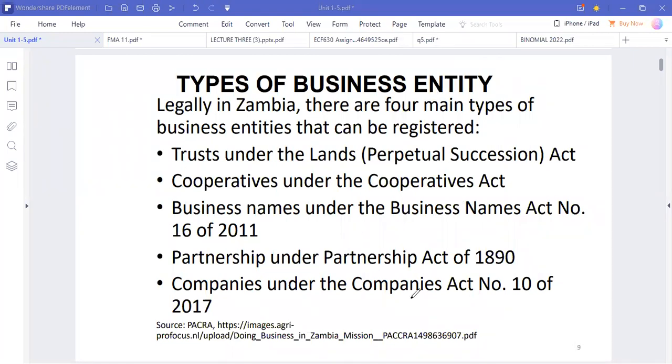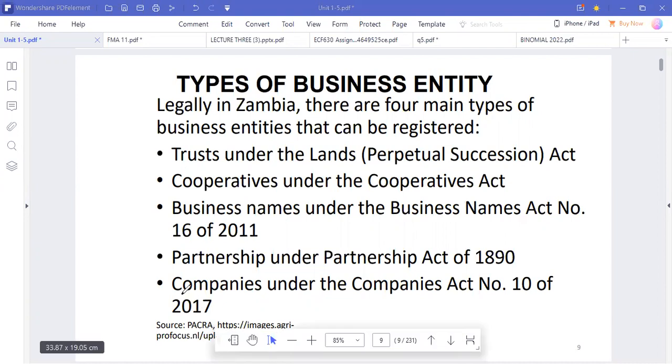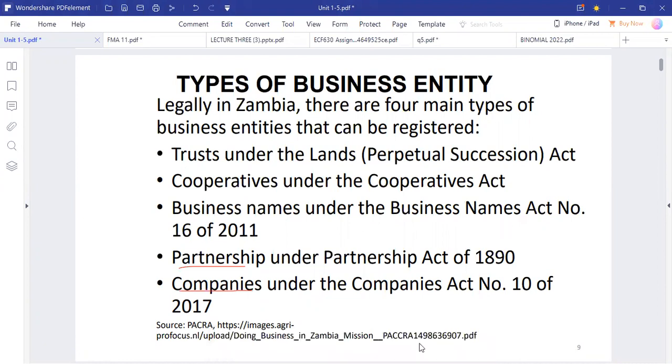So under the Companies Act, that is what guides the companies that come into existence. The partnership has also an act of 1980, which has an agreement or a deed that also governs what partners must do and their requirements.